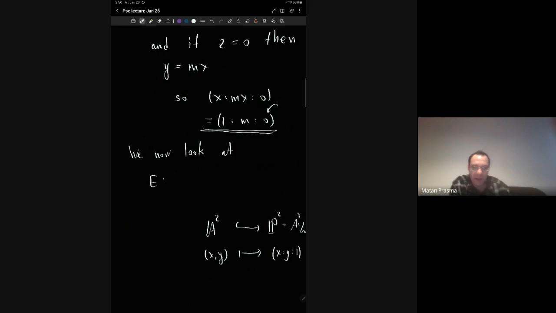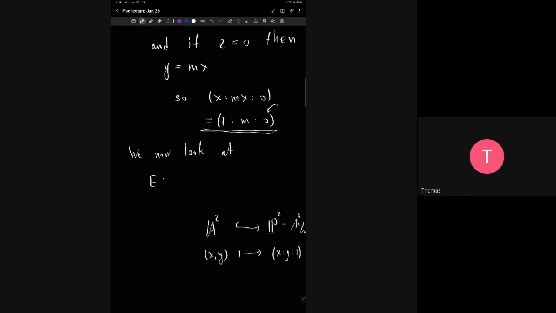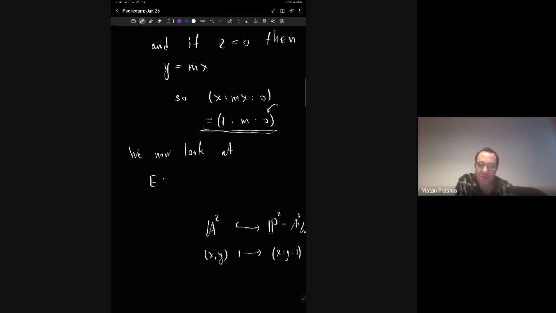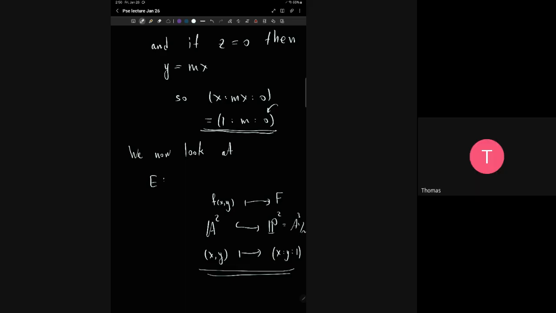It's a bit of a convention, but I choose a convention once and for all. And once I choose this, I have a canonical way to turn a polynomial, say f(x, y), into a homogeneous polynomial. So it actually comes from this convention. Okay, thanks.